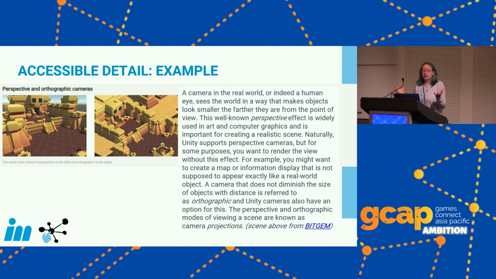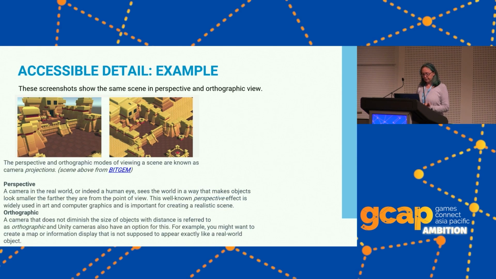In this case, we've got everything, because accessible detail is what we, in the end, want to get to. We've chunked it. We've made sure that what belongs together has been put together and is on top. Like, what are these things? They're camera projections. That's relevant, so it's put on top. I've labeled things.